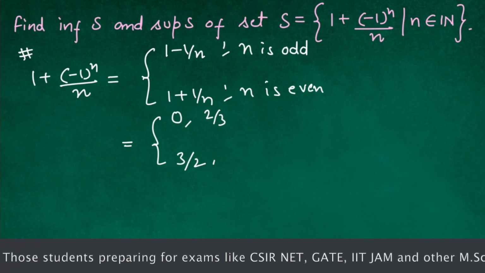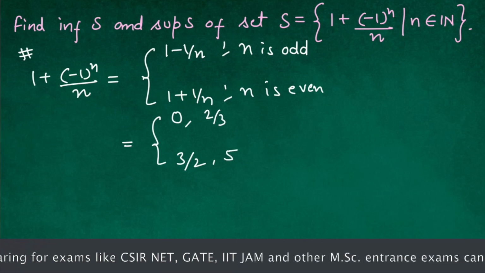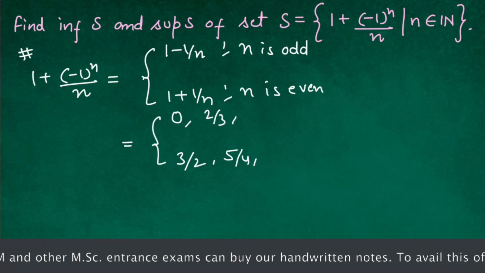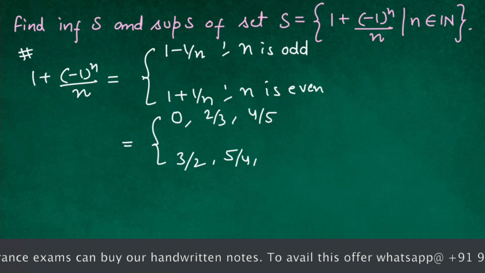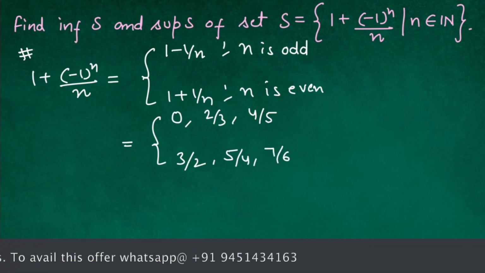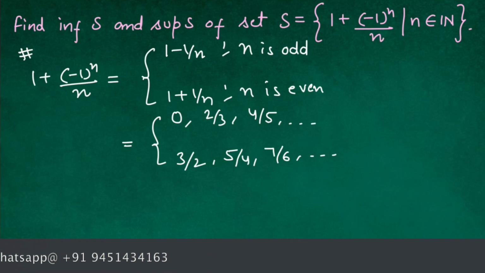When n is 4, the fourth element will be 5 by 4. When n is 5, the fifth element will be 4 over 5, and when n is 6, the sixth member will be 7 over 6, and so on. So these are the elements of set S.